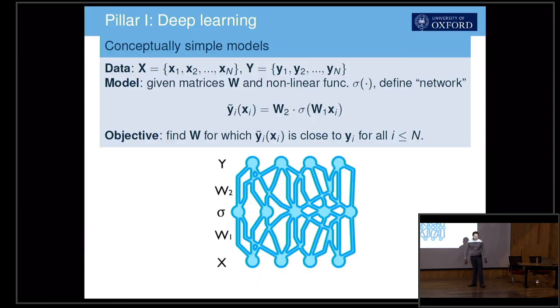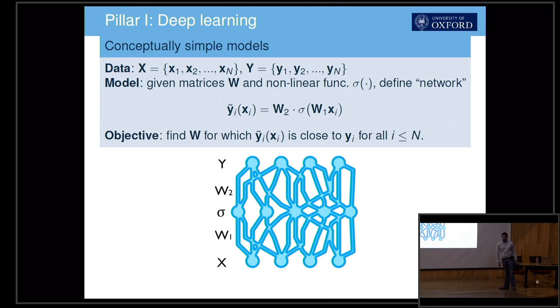I'm going to give a very brief introduction to both of those things just to get everyone on the same page. So if you don't know what deep learning is, this is deep learning in one slide. If you do know what deep learning is, then I'm going to use that to introduce some notation. Deep learning is made of conceptually very simple models. If you give me some data x and y, x a bunch of images, I'm going to assume everything is vectors for simplicity. y is labels like cat, dog, cat, cat, dog.